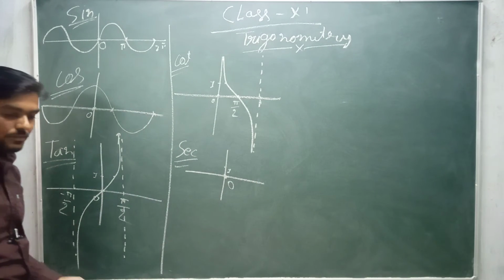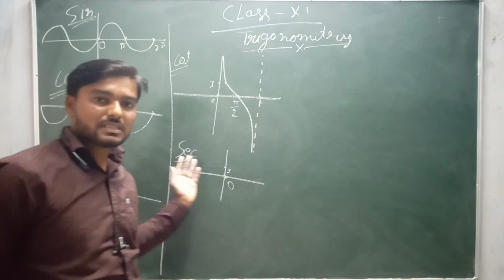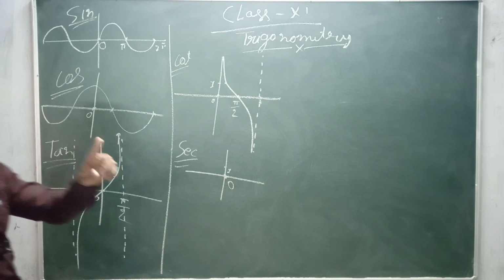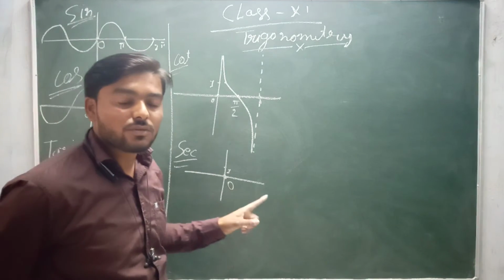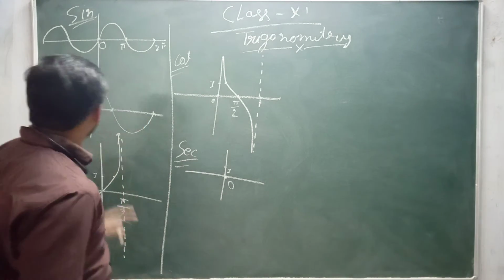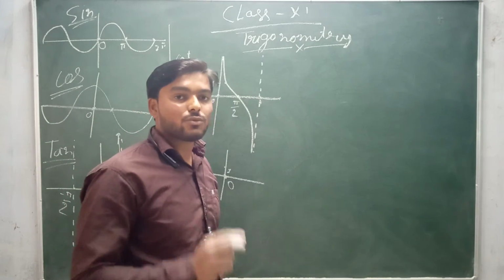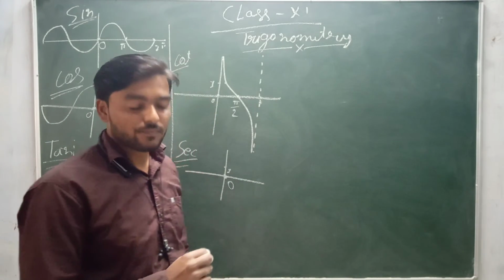Now we are going to plot sec. Cos 0 value 1, then sec 0 value 1. Cos 30 value root 3 by 2.